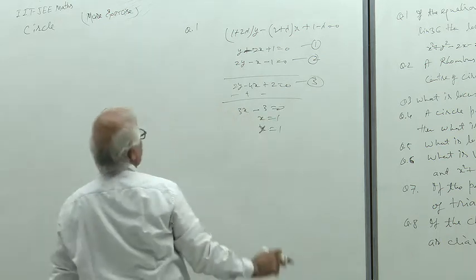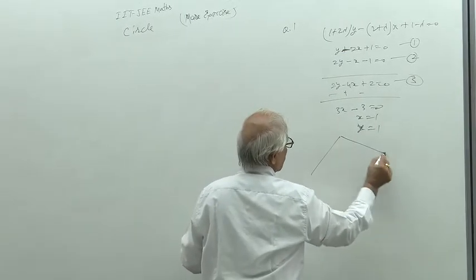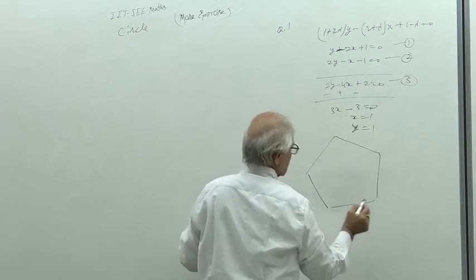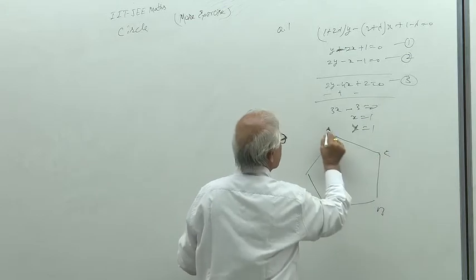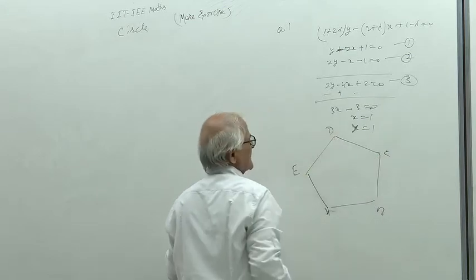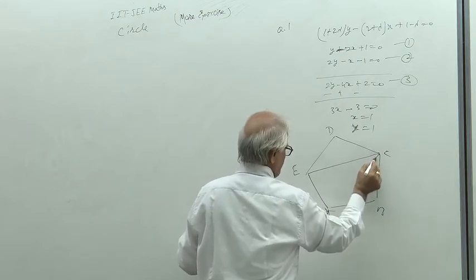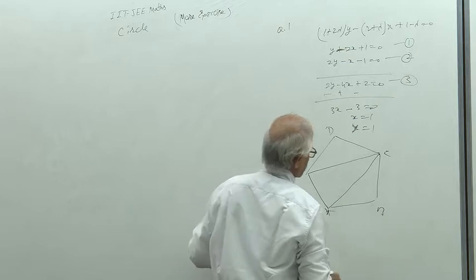The diagonals are like this. The pentagon is like this, ABCDE. One diagonal is this, another diagonal is this. And what is the center?